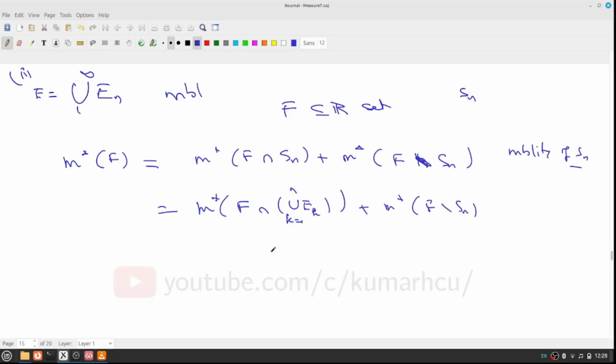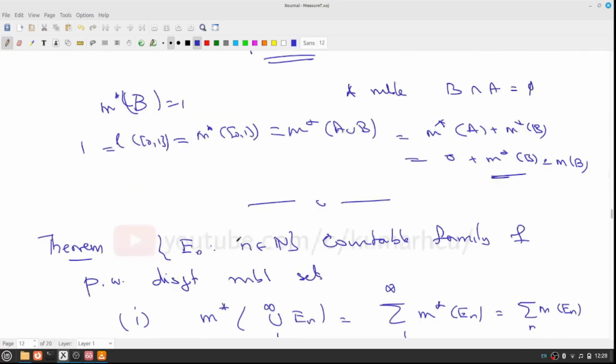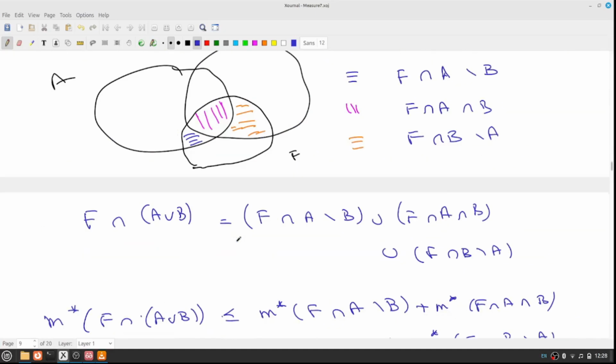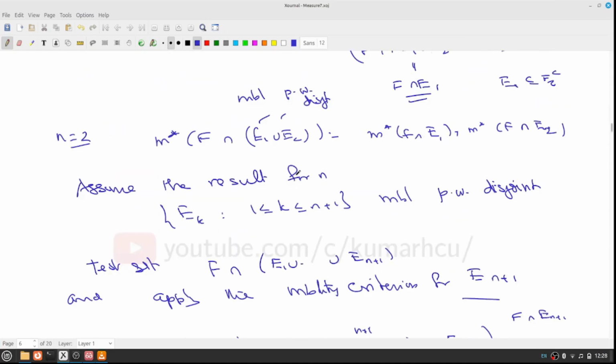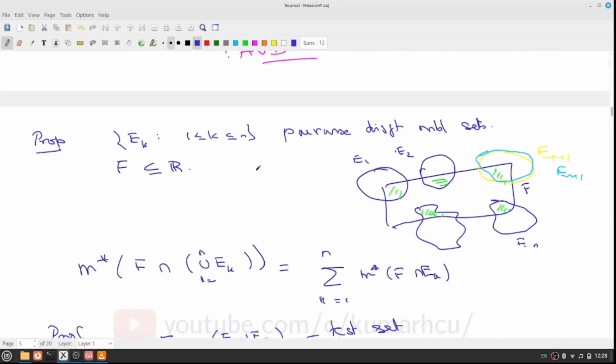But remember what I called a proposition? Let me quickly go through it. If these are pairwise disjoint measurable sets and F is any set, then m star of F intersected with the union is the summation.